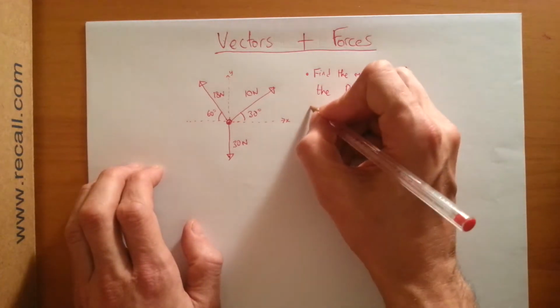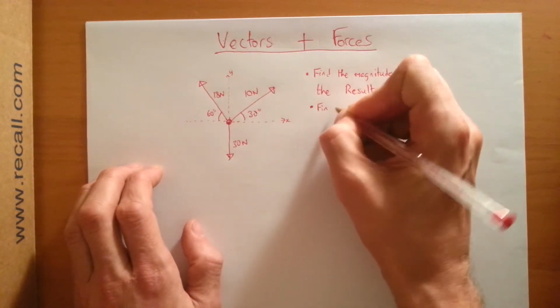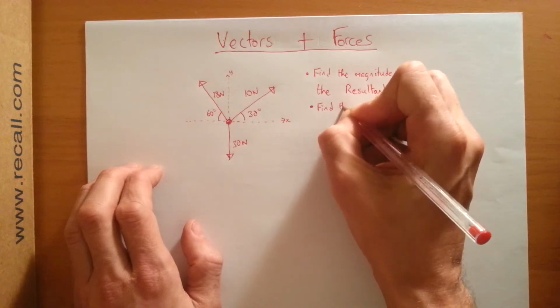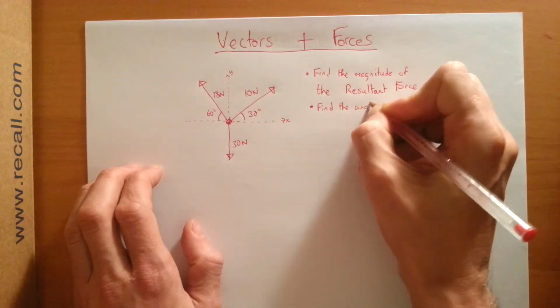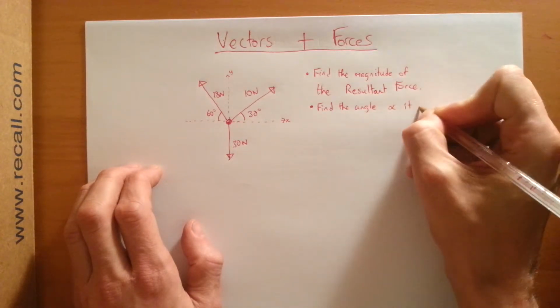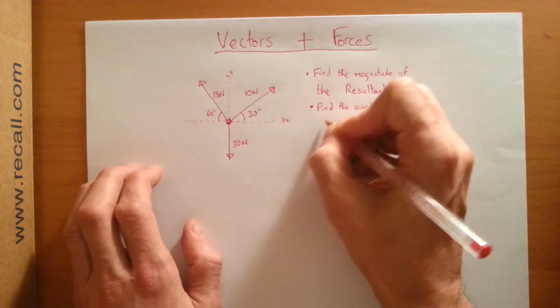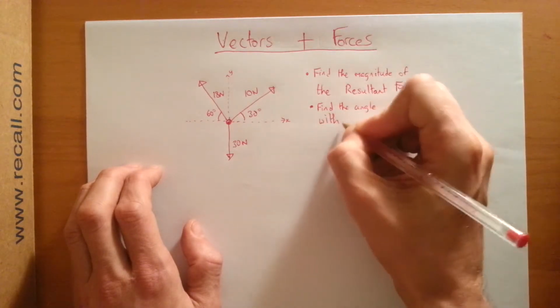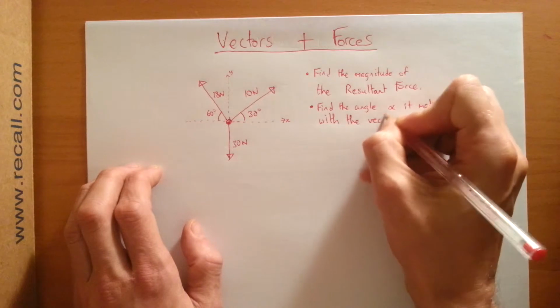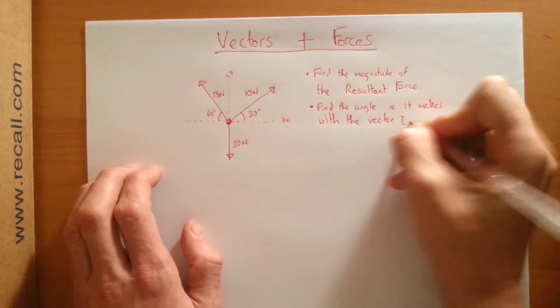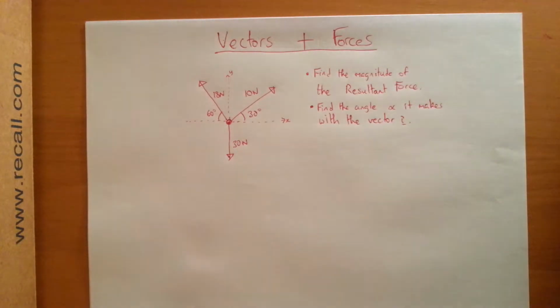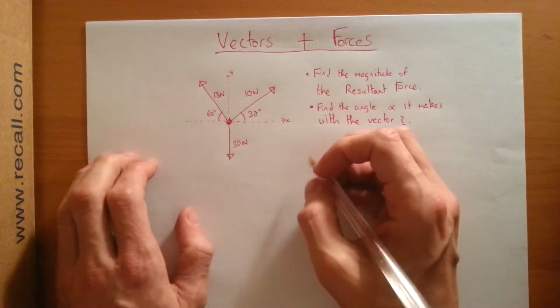And while we're at it, actually find the angle alpha it makes with the vector i. Okay, right, this isn't as bad as it looks, particularly if you use vectors, if you ask me.